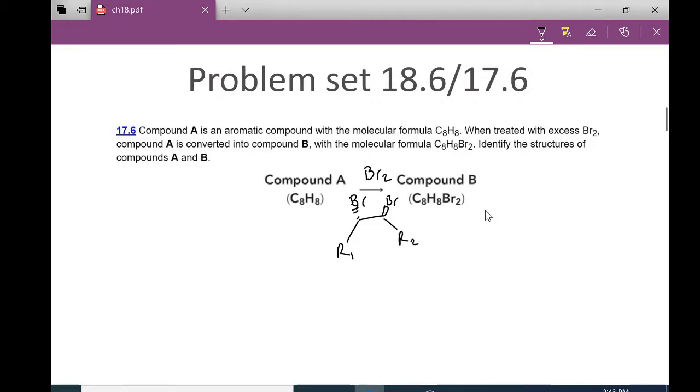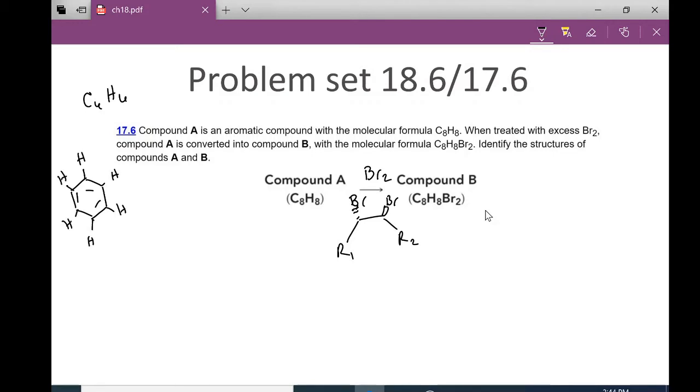So we're talking about aromatic compounds, and what do we know about benzene? Benzene is C6H6. What does benzene look like? Benzene looks like this, okay? It's C6H6. There's one hydrogen on each one of those carbons because they're sp2 hybridized.